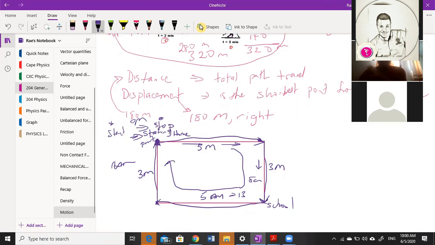When it says you displace something, it means that you push it out of its original position. Seeing that we went back to our original position, we can say there was no displacement. But we can agree that the total distance is going to be 16 meters, because adding up all the parts that you took is going to be 16.